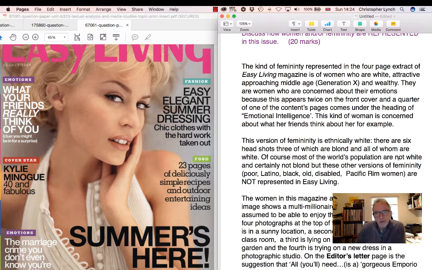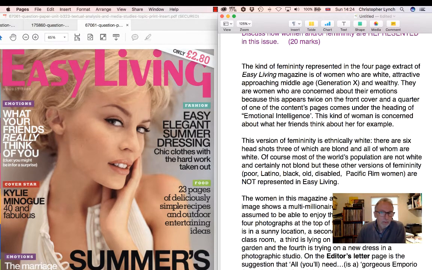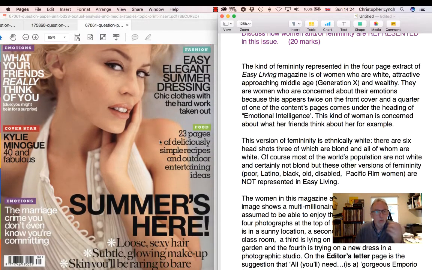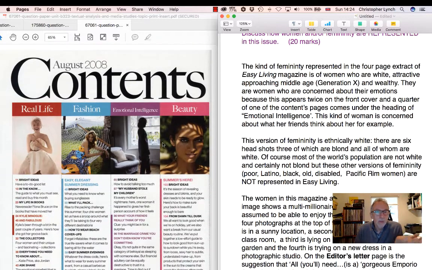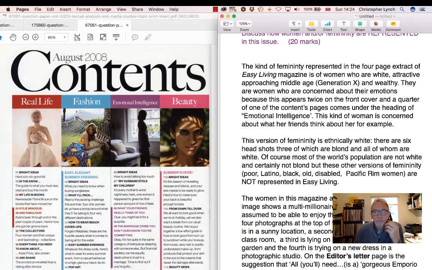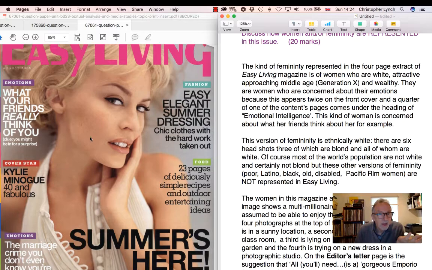But these other versions of femininity, poor, Latino, black, old, disabled, Japanese and Chinese, Filipino, are not represented here in Easy Living. These are all white European women, or Australian in the case of Kylie Minogue.